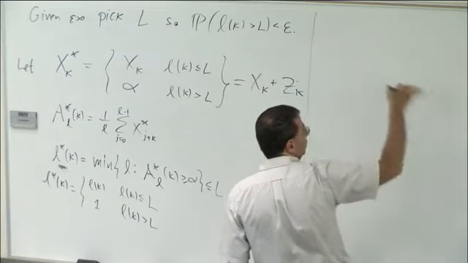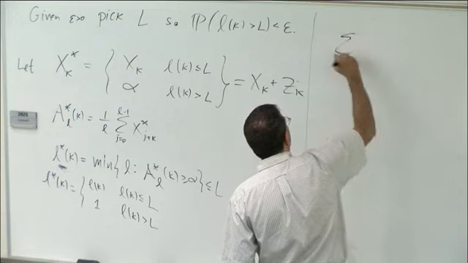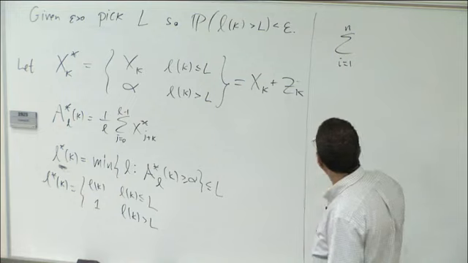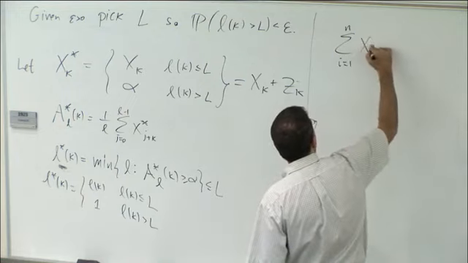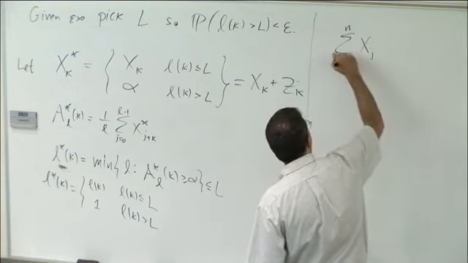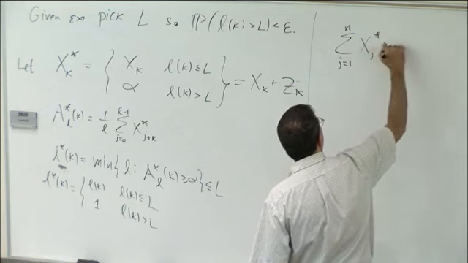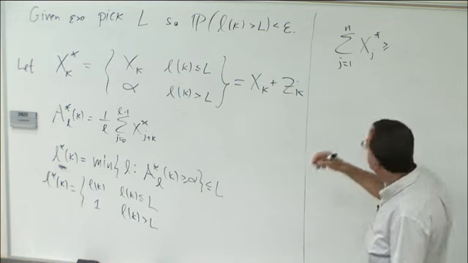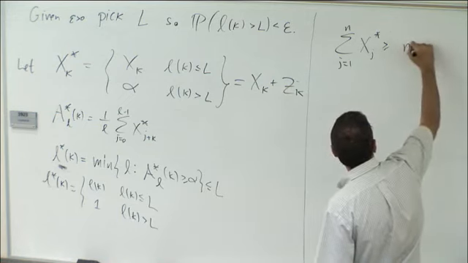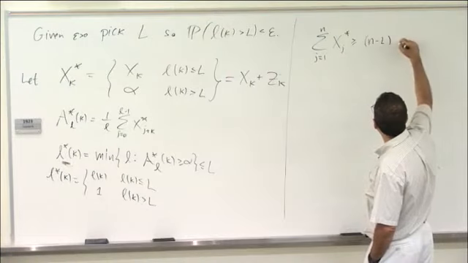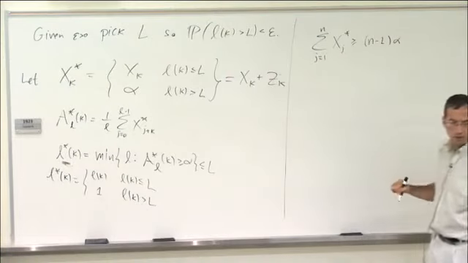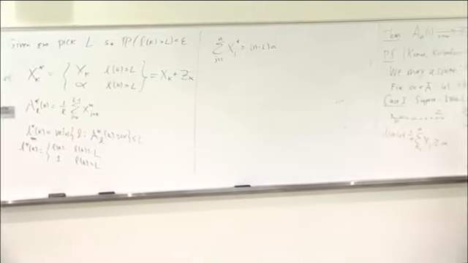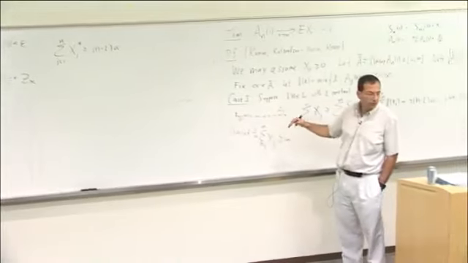Just partitioning the partial sum, we take n much, much larger than L, intuitively, and we take the sum j from 1 to n of x_j star, which is bigger, by the same argument from before, than n minus L times alpha. It's convenient that all the variables here are non-negative, so the terms that we throw away at the end are non-negative.